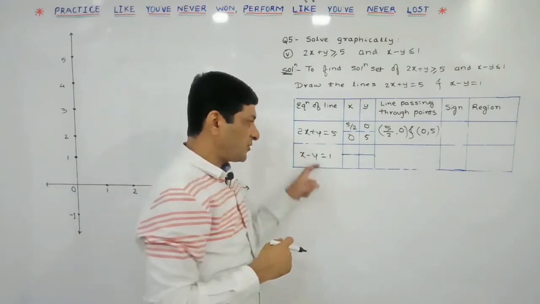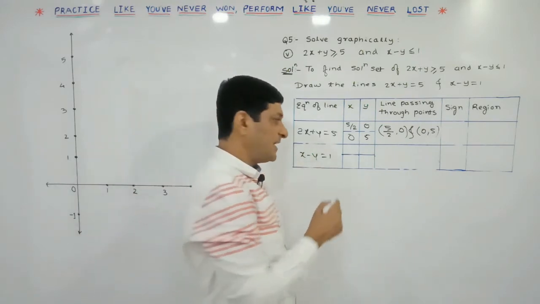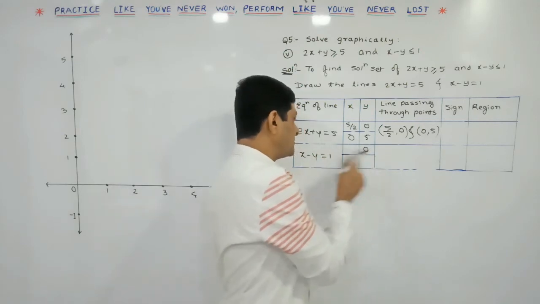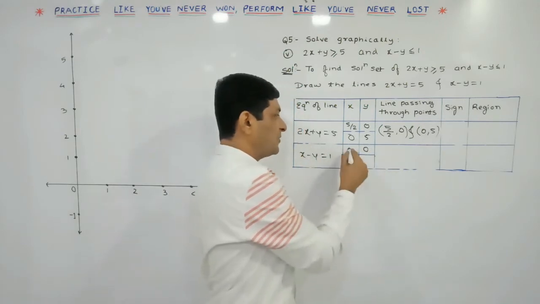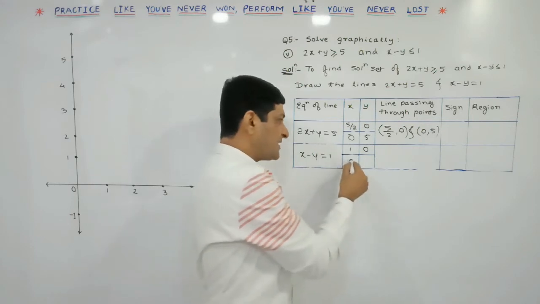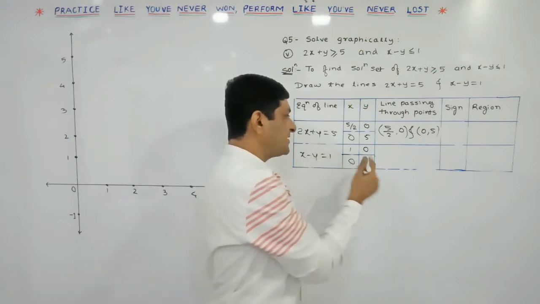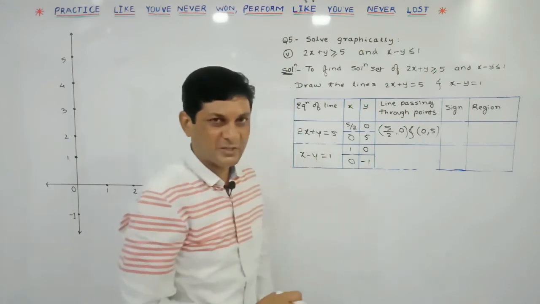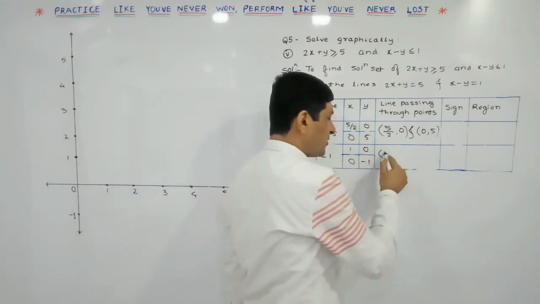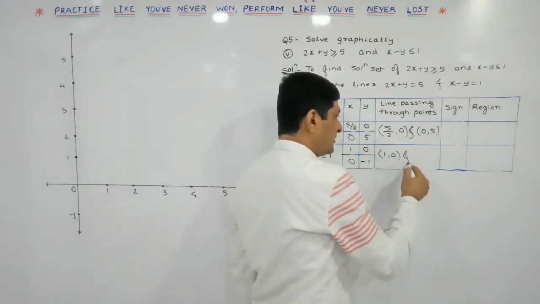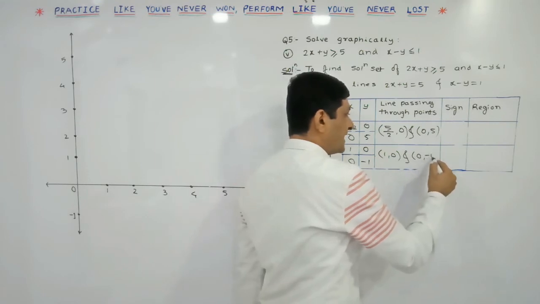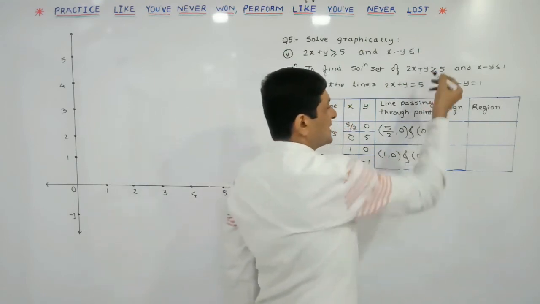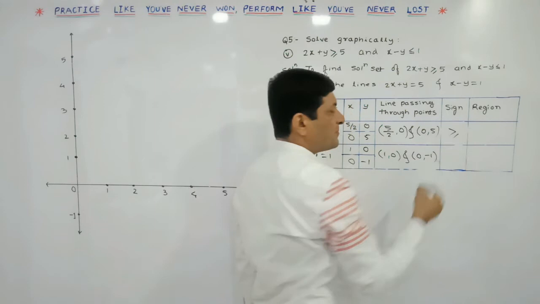Let us try to find the coordinates of points on the second line. If I substitute y is equal to 0, this term will become 0, x will be equal to 1. And if I substitute x is equal to 0, minus y is equal to 1, means y is equal to minus 1. So the coordinates of two points on the second line are 1 comma 0 and 0 comma minus 1. Now for the first line, which inequality symbol appears here?